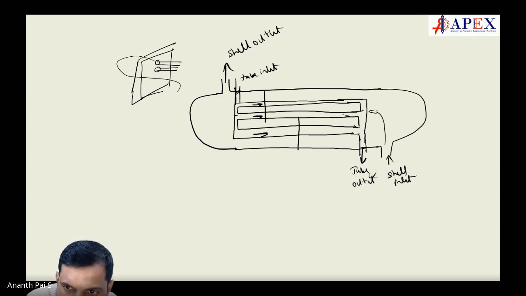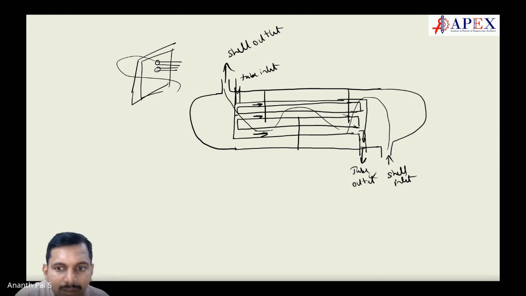These are tubes, and then it comes out. Here, what the baffle does is he keeps it like this. So what happens after this? It is taken down like this. Then it goes this way, and then it goes this way. This is how the shell is. Now, will you call it cross flow and counter flow? We generally call it counter.